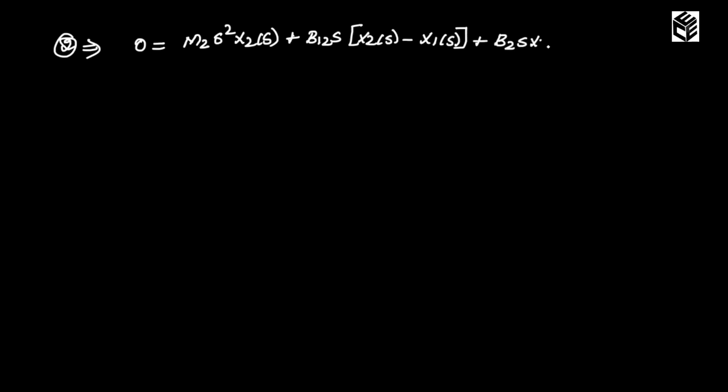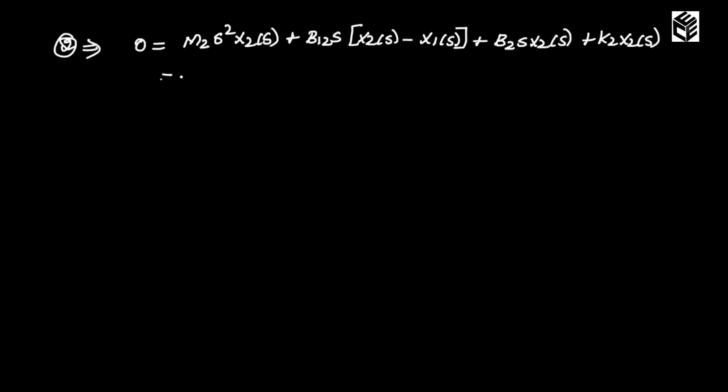What is the answer? 0 is equal to m2 s² X2(s), plus b12 s into (X2(s) - X1(s)), plus b2 s into X2(s), plus k2 X2(s).